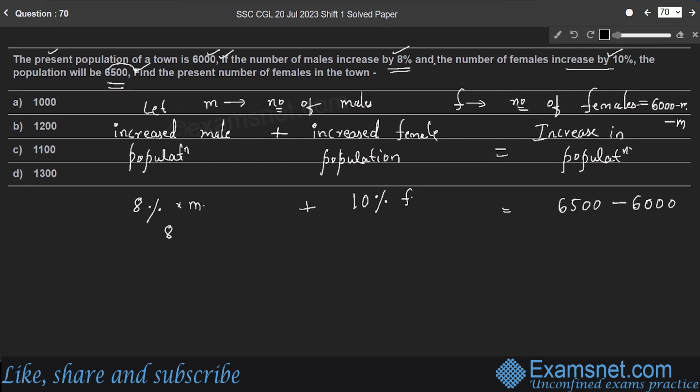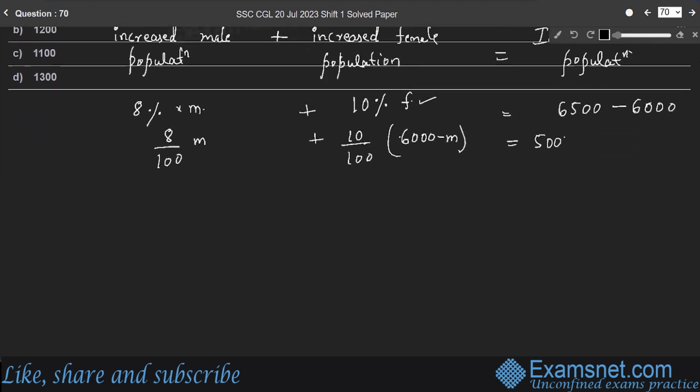Therefore, we'll consider 8% of M, which is 8 by 100 into M, plus 10% of, 10 by 100 into 6,000 minus M. Here, the number of females in the town is nothing but total population minus number of males, is equal to 500. Simplified, right? Here we are taking 100 as LCM, so the numerator becomes 8M plus 60,000 minus 10M is equal to 500.